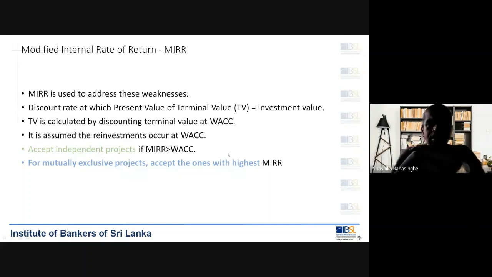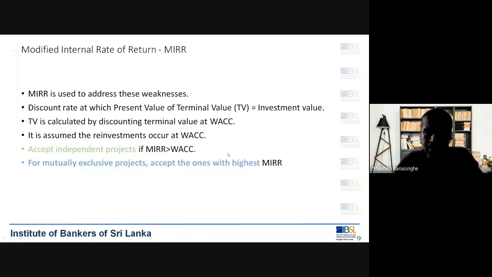It's the discount rate at which the present value of terminal value is equal to the investment value. Now, terminal value means if you take the cash flows of the project, rather than discounting the cash flow, you compound it to the end of the project and then get the present value, and it should be equal to the investment value.